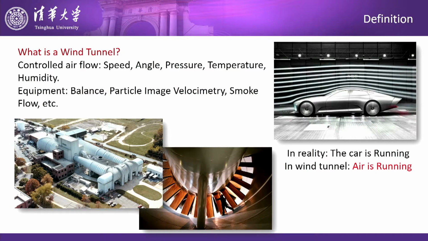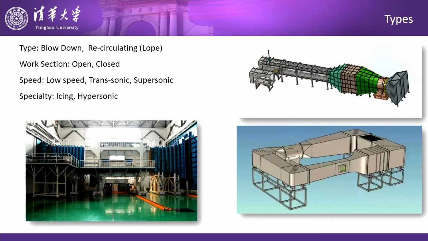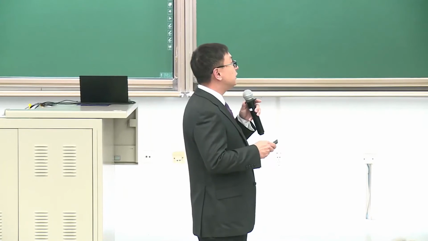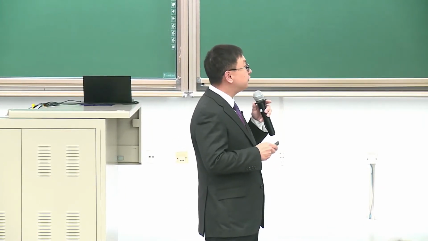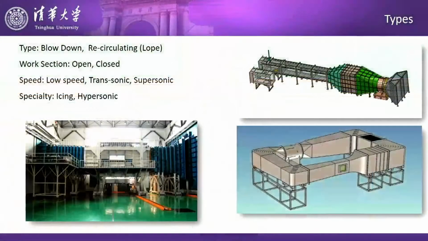This is wind tunnel. For the types, there are mainly 2 types. One is blow down, the blow down wind tunnel, and the second one is looped, or we call it recirculated or circulated. In the first, the air goes into the inlet and is accelerated by the motor and blown off. In the other one, air is recycling inside. For the work section, there are also 2 types: one is open, one is closed.